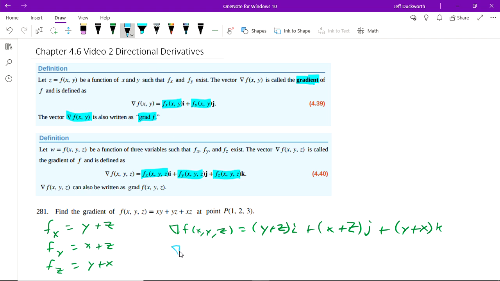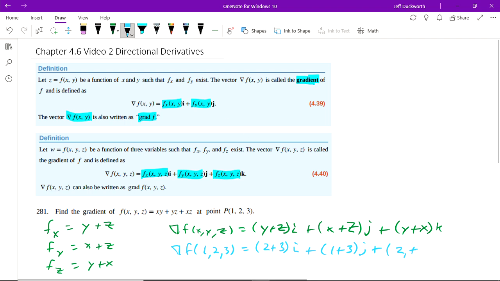So our gradient of f evaluated at the point 1, 2, 3. Well, we just plug those in. So we have a 2 and a 3. And then we have a 1 and a 3. And finally a 2 and a 1.